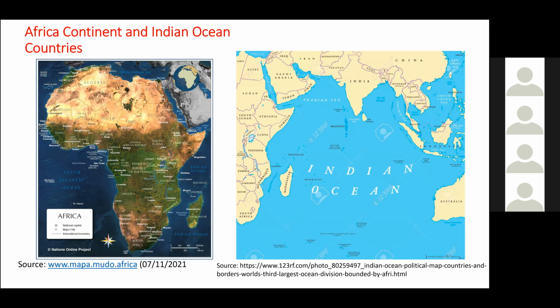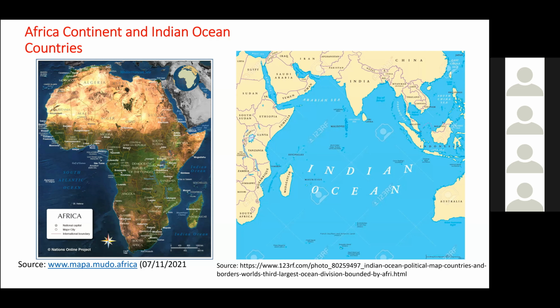Okay, the left side is the entire map of Africa, and the right side is the map of the Indian Ocean. As you can see, those who are geographers can easily read this map.